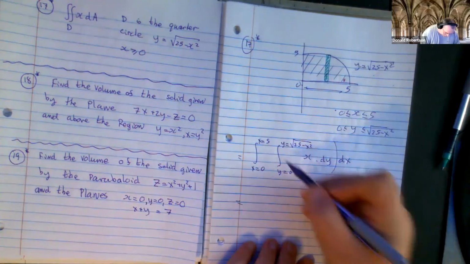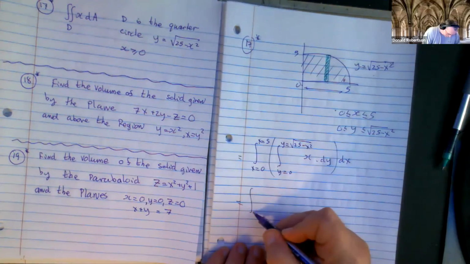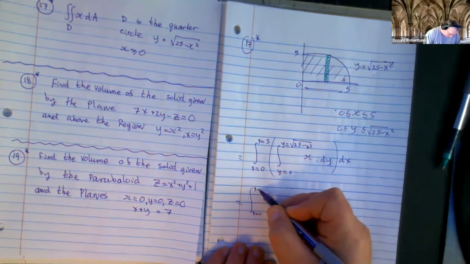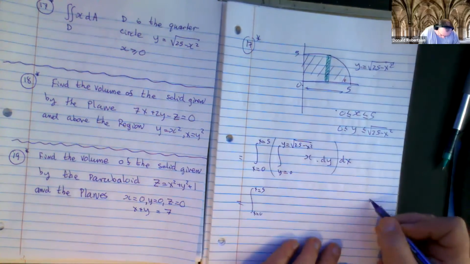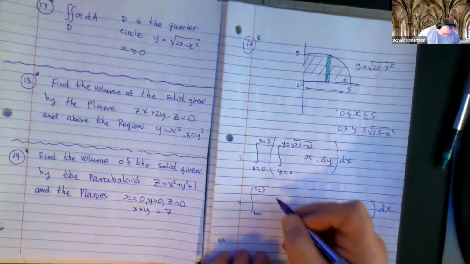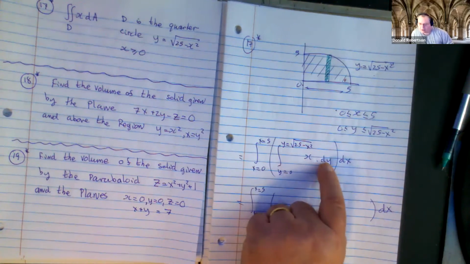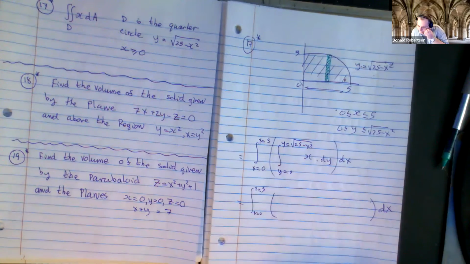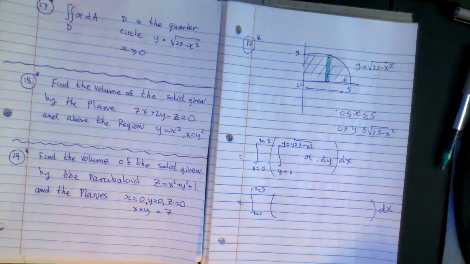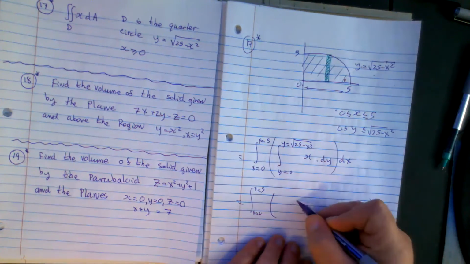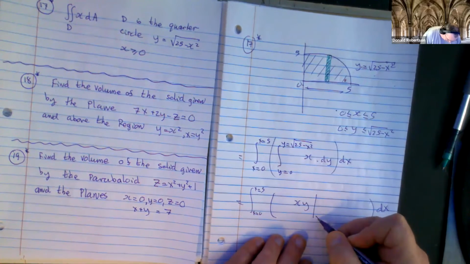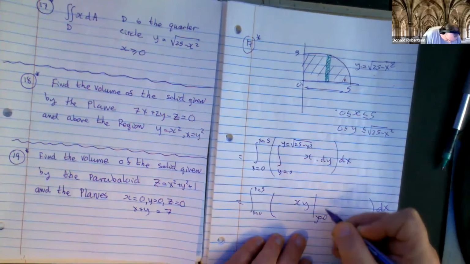So let's focus on the first integral. If you integrate x with respect to y, what do you get? xy. Just xy. Evaluated at y equals 0 to y equals ugly square root.